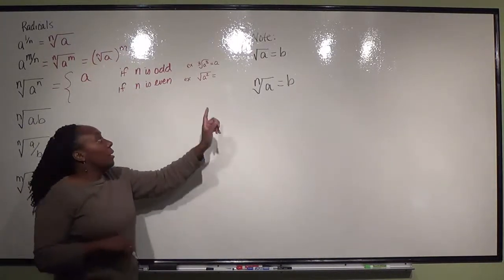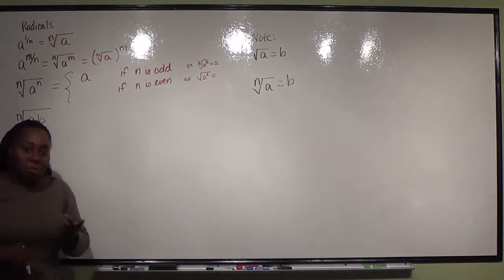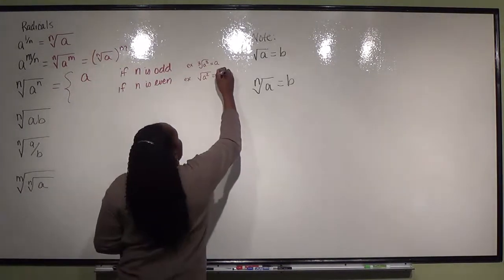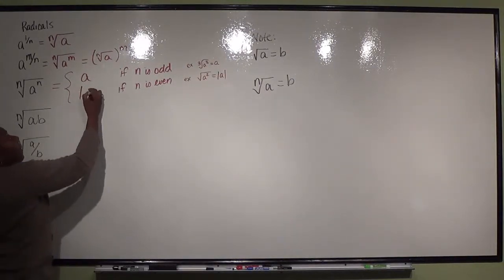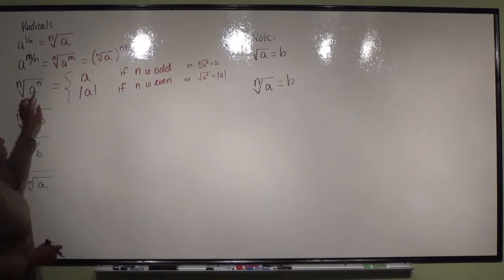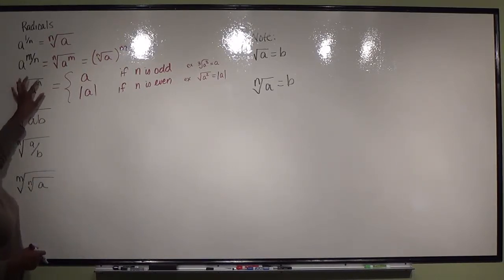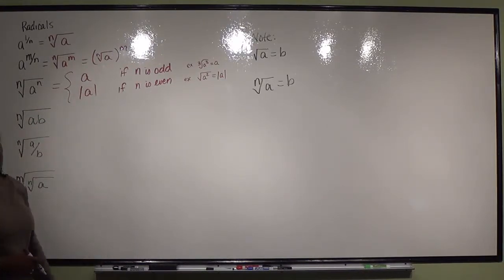But if I took 2 squared and took the square root of that, I also get 2. So here, I'm actually going to end up with the absolute value of a. You have to be a little careful. If your n is even, you actually get an absolute value sign on there. If it's odd, it's just the number.